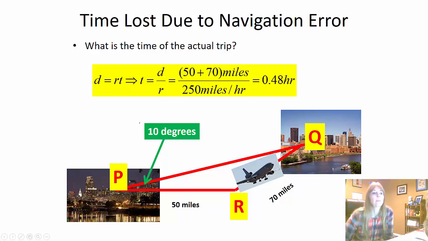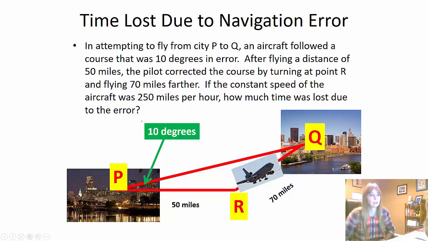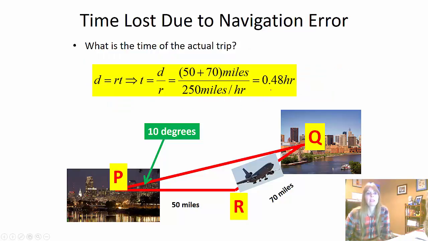Well, if you remember, distance equals rate times time. I can solve for time equals distance over rate. So the time of his actual trip was the 50 miles, 70 miles, and then where'd the 250 miles per hour come from? That was given. And so I get the time of the actual trip.